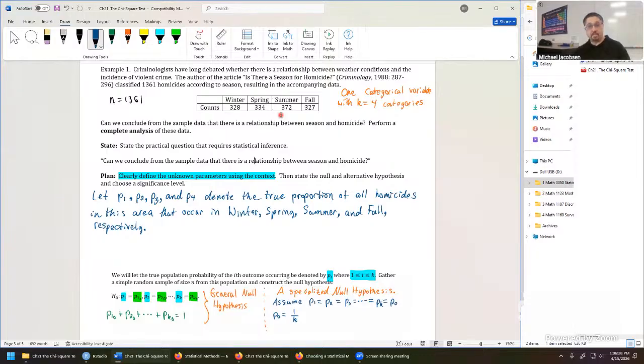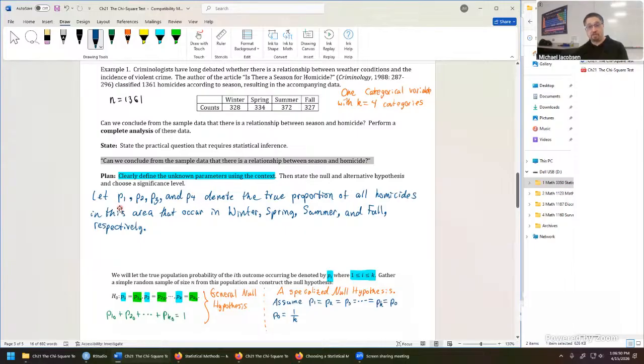That's what we want to know. Is there a relationship between incidents of homicide and the particular season that they occurred in for this one area? So we pretty much rephrased it here in the statement phase. And now that we have 4 outcomes, when we go to write our parameters, we're matching a parameter for every single one of those outcomes.